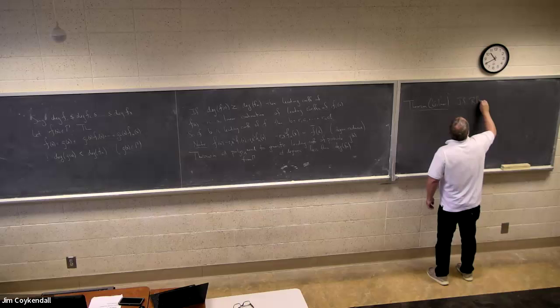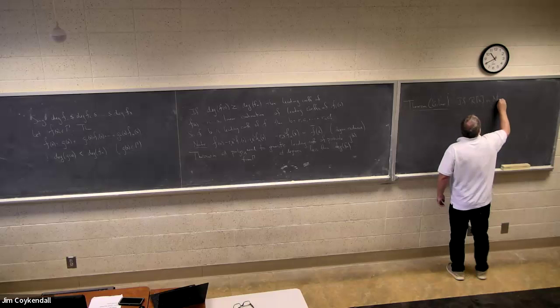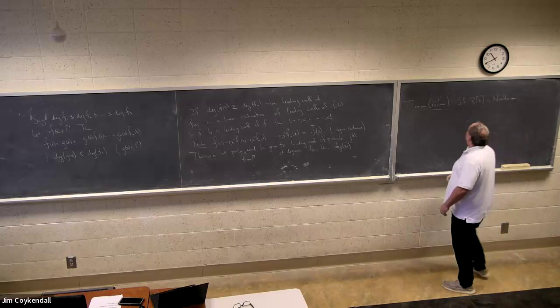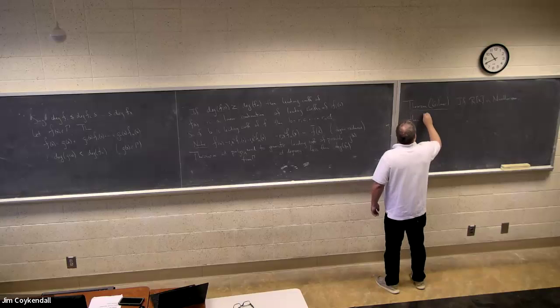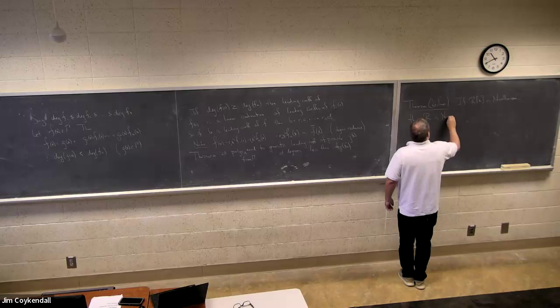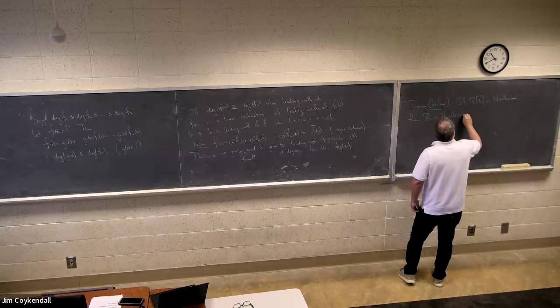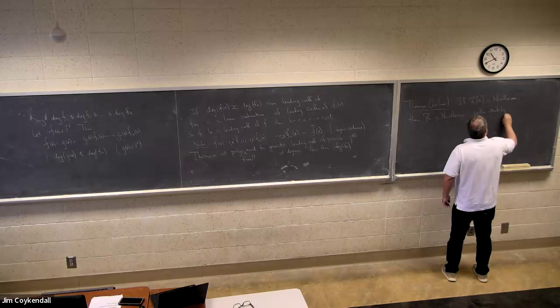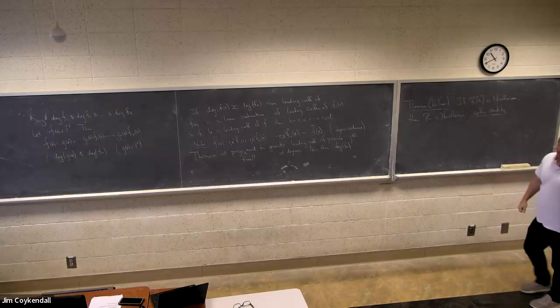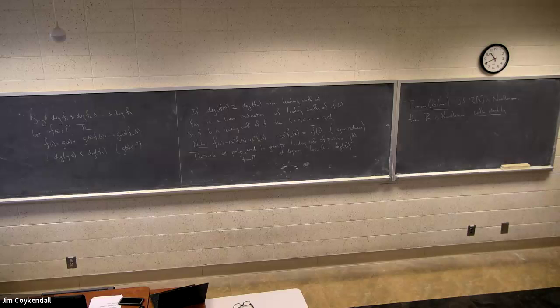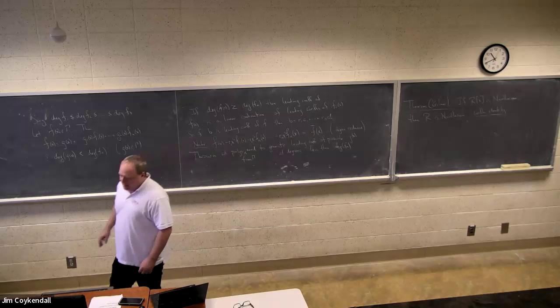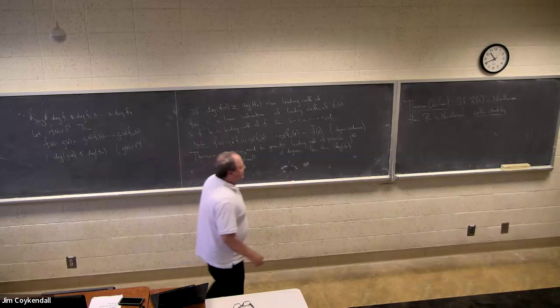If Rx is Noetherian, then R is Noetherian. This is an interesting converse because what it means is if you have any polynomial ring that's Noetherian, it must contain an identity.